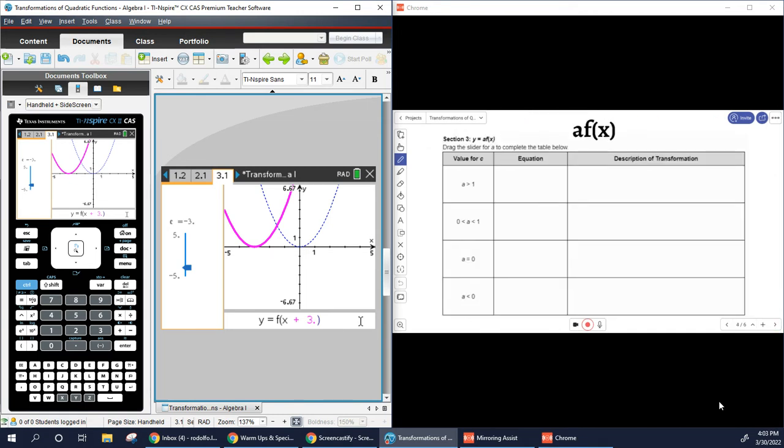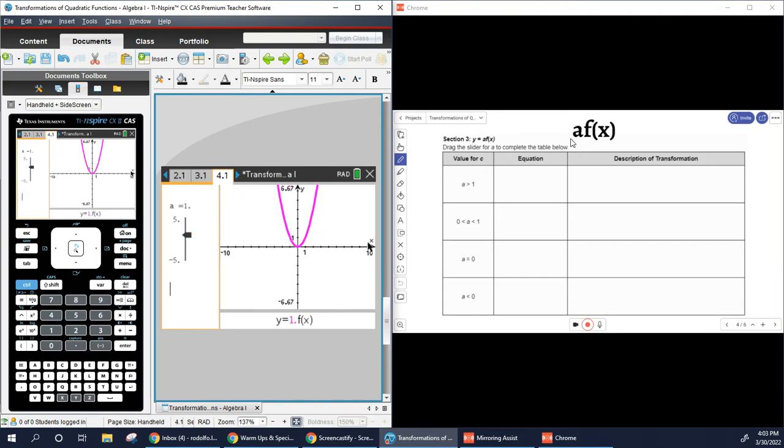Now we're going to be multiplying the function times a number. Notice how there's a number, the letter a in front of the function, so it's a times f of x. Now we're multiplying the function times something. So what happens when you multiply it times something bigger than 1?